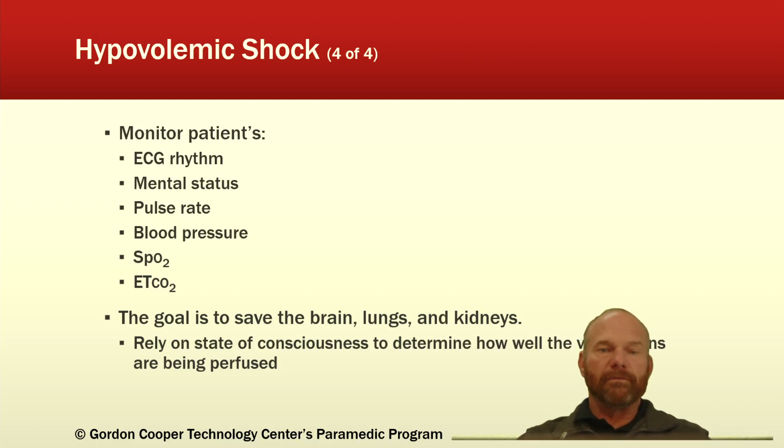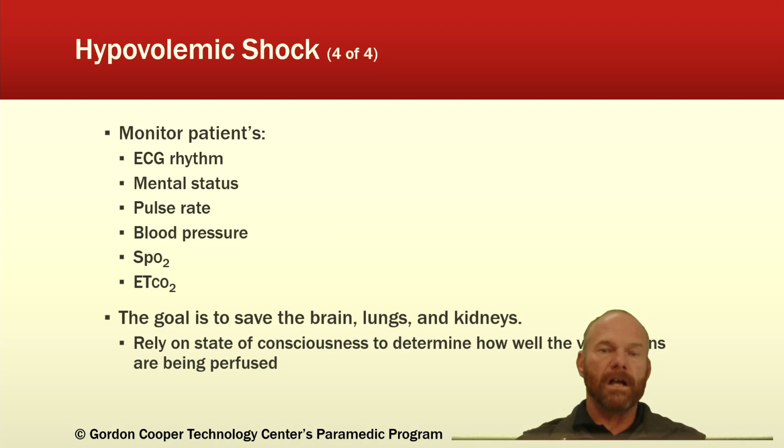And then still talking about hypovolemic, so monitoring during our treatment. So we want to continuously monitor the following parameters. So ECG rhythm, we want to make sure their level of consciousness and responsiveness is good or is the same or better. Their pulse rate, their blood pressure, SpO2, their end tidal, pulse assessment.